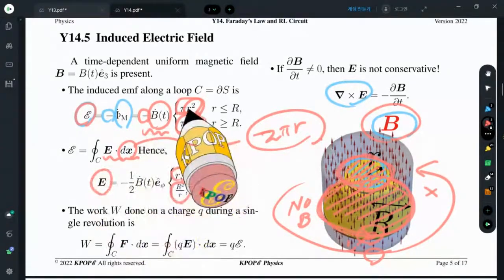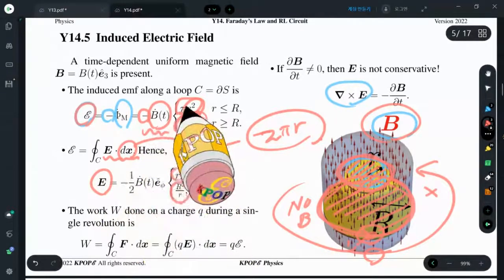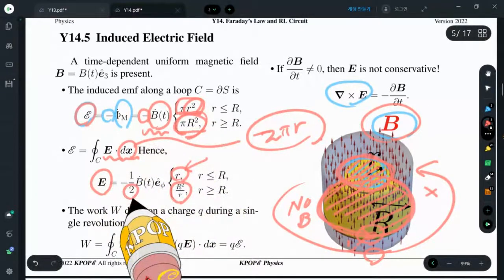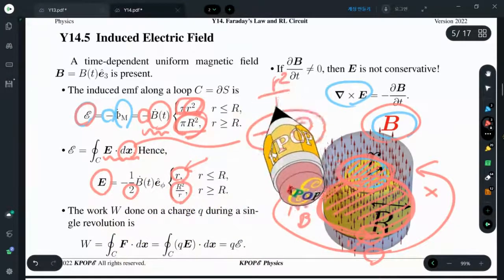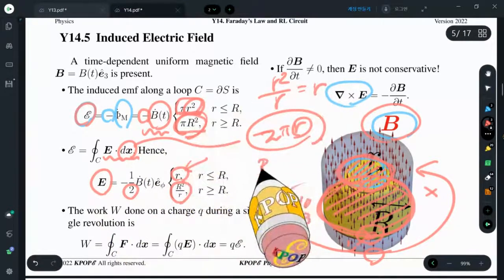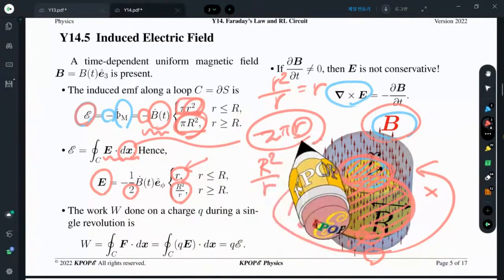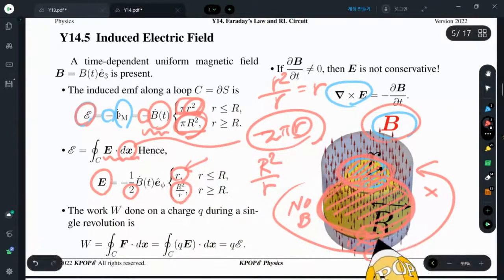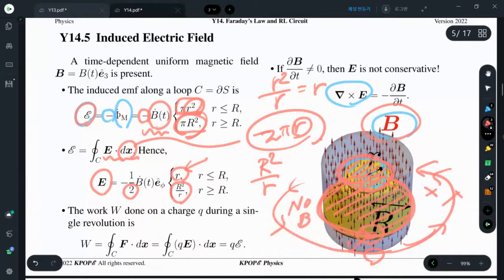So we divide by 2 pi r. Then pi cancels, with a factor of 2 in the denominator. It becomes r squared over r, which is r. So outside, it is capital R squared over r. This is 1 over r. So from outside, the strength of the electric field decreases along this line.